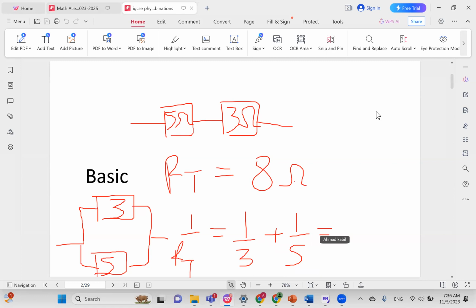This is equal to 8 over 15. So R total equals 15 over 8. And 15 over 8 in decimal is 1.875.